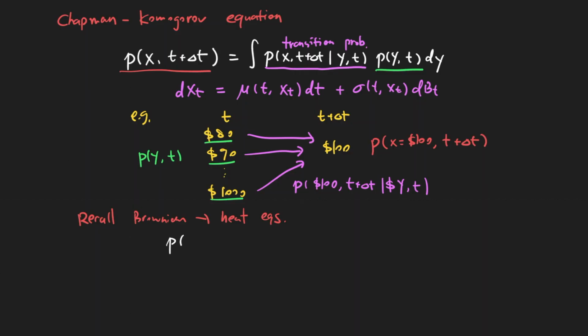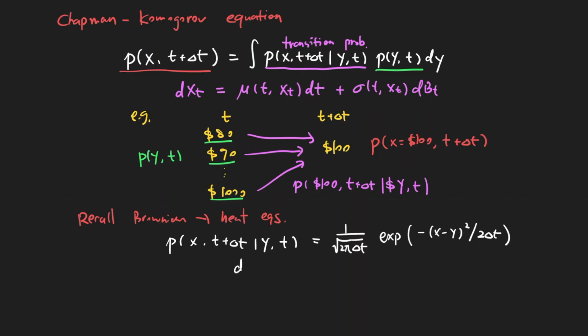The probability of x at t plus delta t given y at time t equals the density function of a Gaussian. This is because the transition process is given by Brownian motion, so basically dx_t equals dB_t.